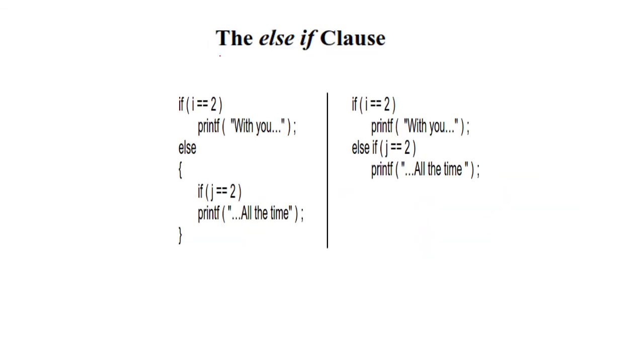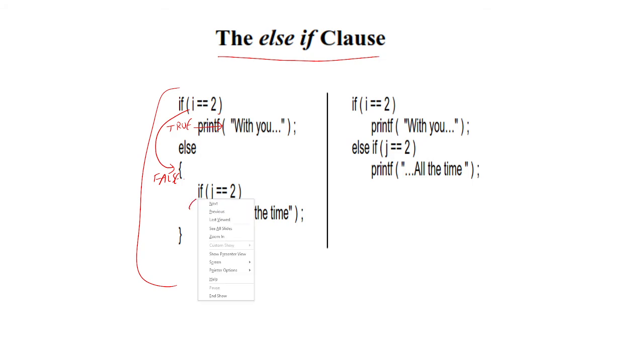Next is the else if clause. Let's see this program. Here we have taken the relational operator equal to 2. If this condition is true, it will go to this point, and if this condition is false, it will come here. Likewise, it further has some if conditions. If this condition is true, it will go here.